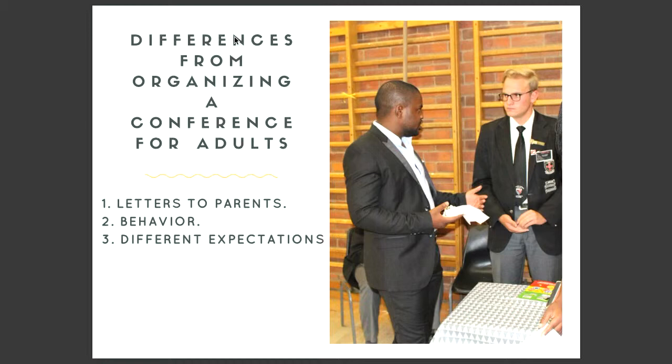Different expectations, okay? Most of the learners that I had at the conference had never attended a conference. They have no idea what a conference is about, and what they thought it was about was that they were going to sit with computers, learn how to create games, or open up computers and fix them or make them work. They wanted hands-on stuff, and that's not what we gave to them.